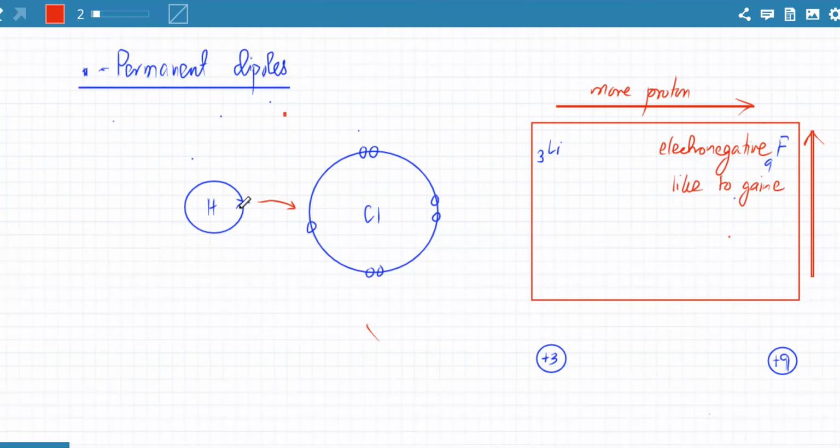H is not letting it go. So what would eventually happen is that shearing would start. Imagine the Cl trying to pull the electron, but the H is not letting it go. So the entire H atom would get dragged along, and Cl would pull the entire atom along with the electron. Is this idea clear?